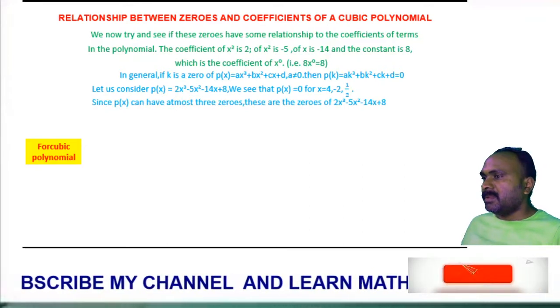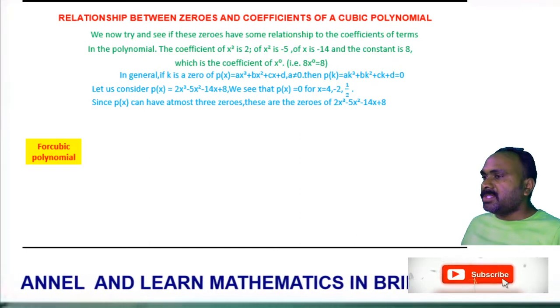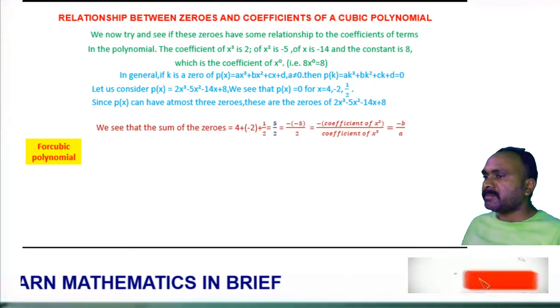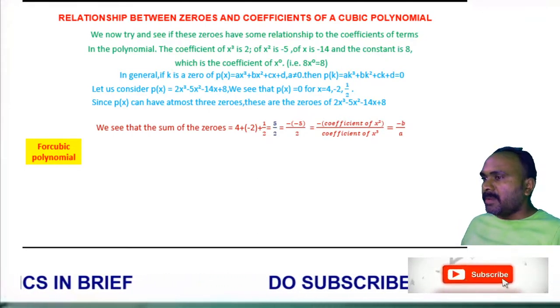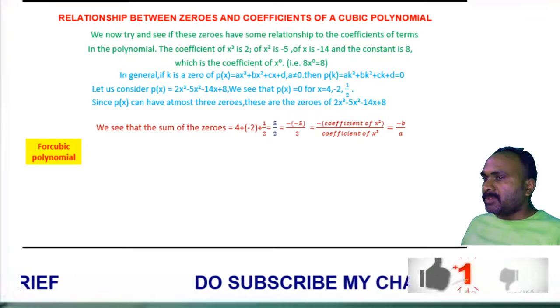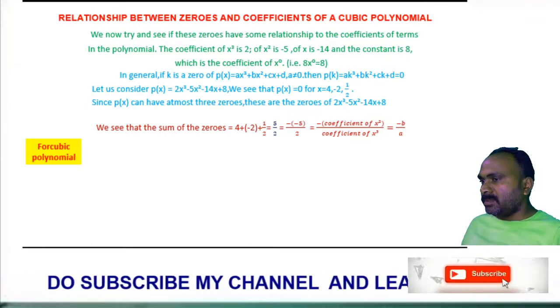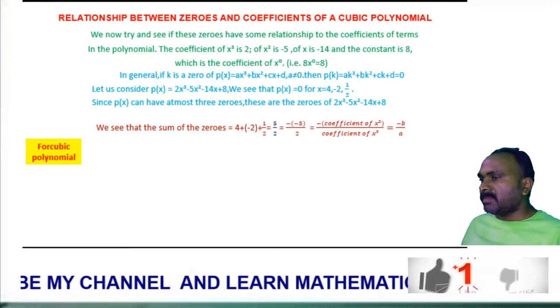Since p of x can have at most 3 zeros, these are the zeros of 2x cube minus 5x square minus 14x plus 8. We see that the sum of zeros 4 plus minus 2 plus 1 by 2 equals 5 by 2. 5 by 2 can be written as minus of minus 5 by 2.